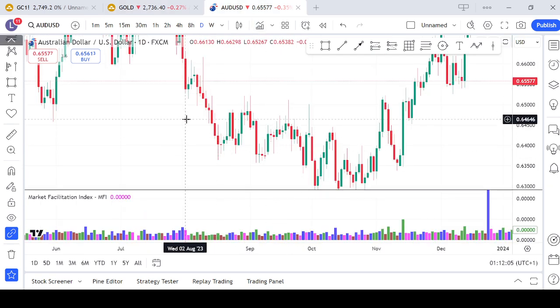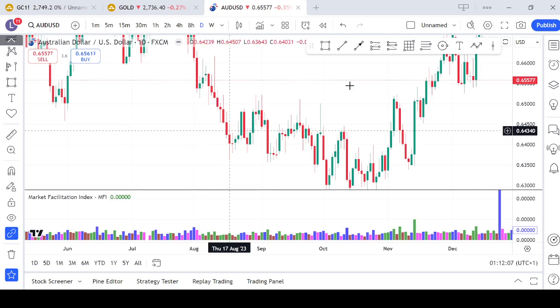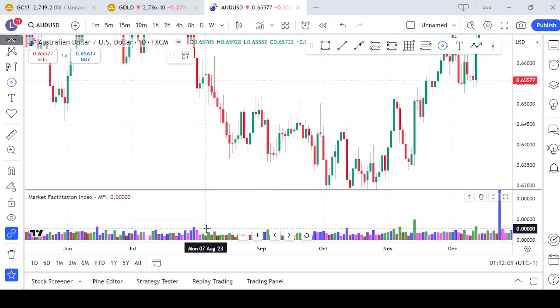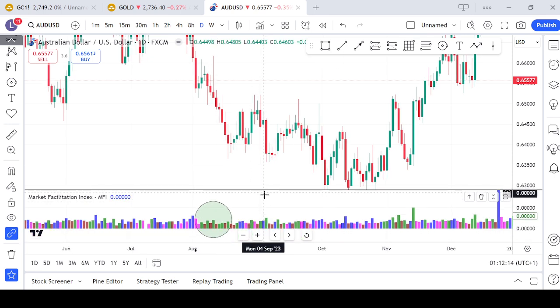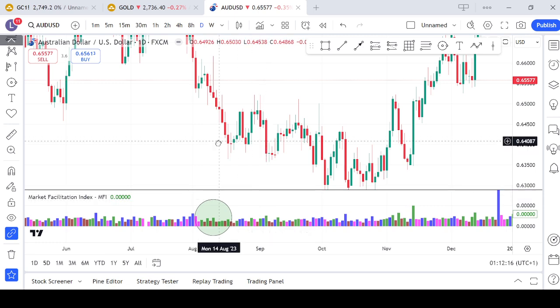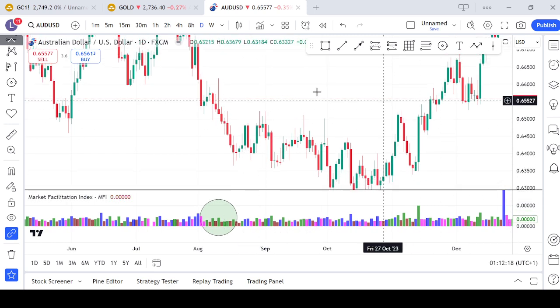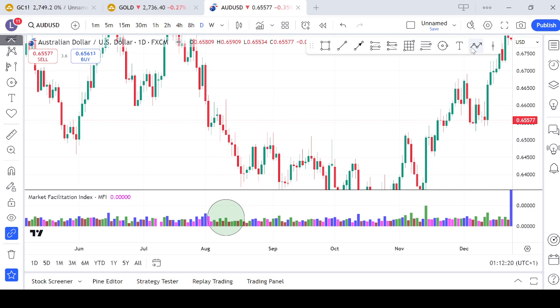I think I saw one in AUD USD. You can see this series of green bars right here, and we were in a downtrend on AUD USD. Price gave us these green bars right there, showing that this downtrend is a strong one.